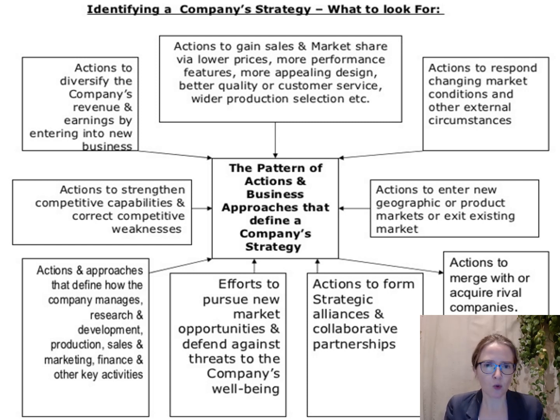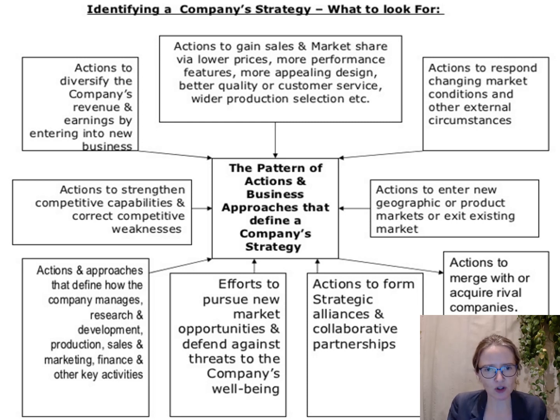We may also want to consider actions to merge with or acquire rival companies, and then maybe actions to form strategic alliances and collaborative partnerships, or perhaps to pursue new market opportunities and defend against threats to the company's well-being.